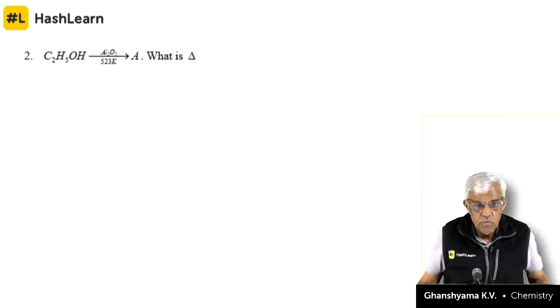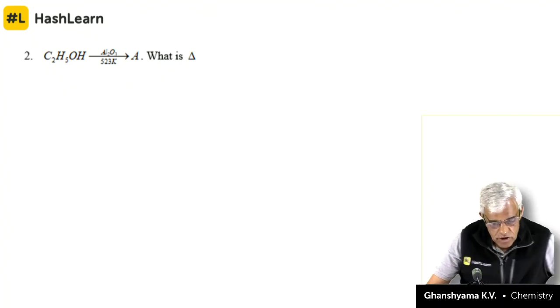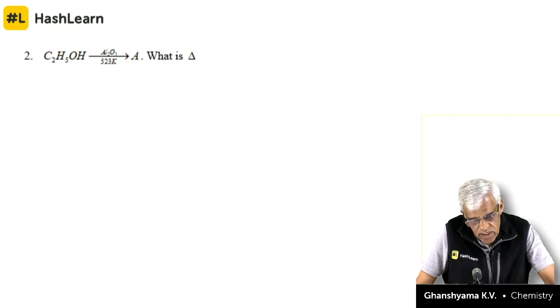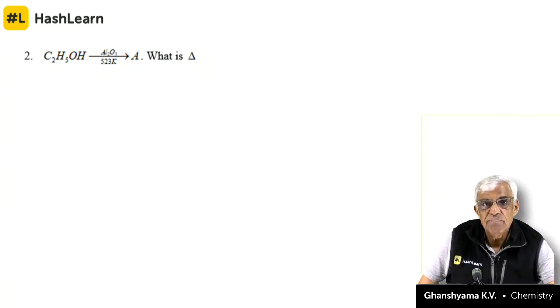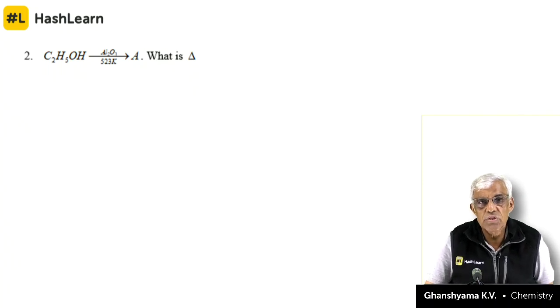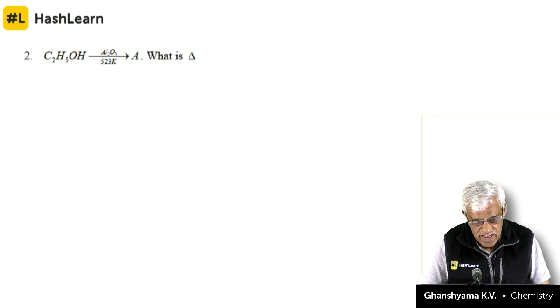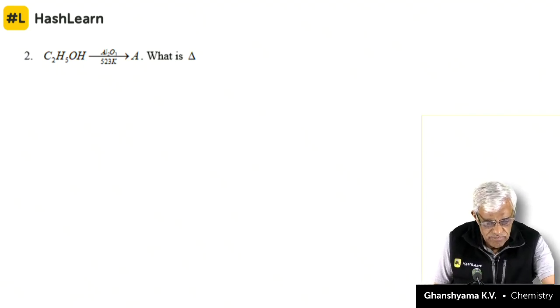Okay, what is the product obtained? Can anybody tell me what is the product obtained when ethanol is heated with Al2O3 at 523 Kelvin? Quick, can you tell me quickly what happens? Ethanol, Al2O3, 523 Kelvin.